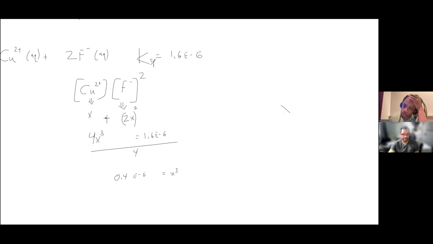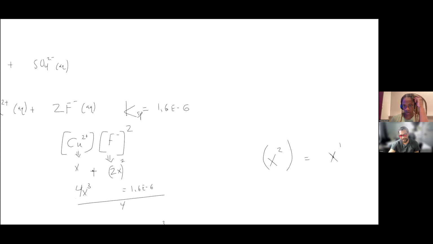So let's say we have x squared and we want it to be regular x. Regular x has what exponent? 1. And if you have x to the a power times x to the b power, what is the answer? x to the a plus b. Good.